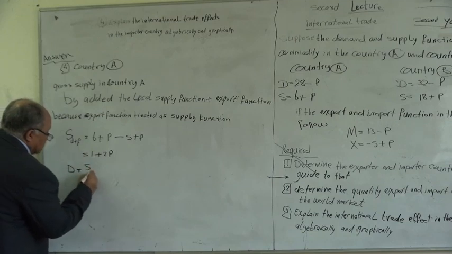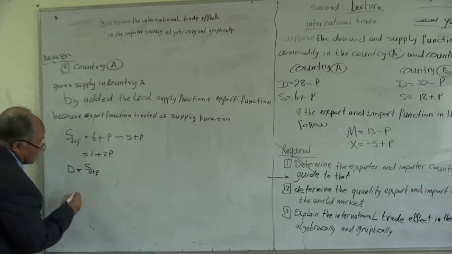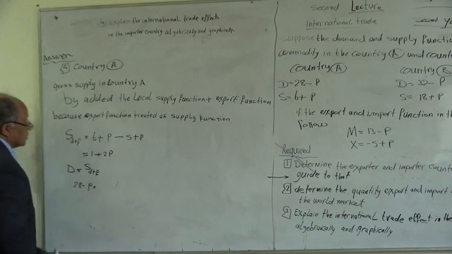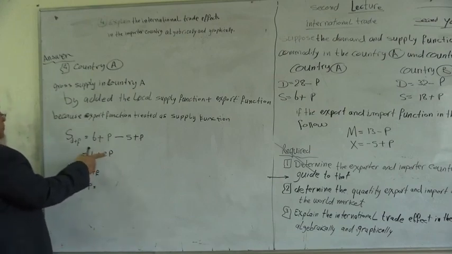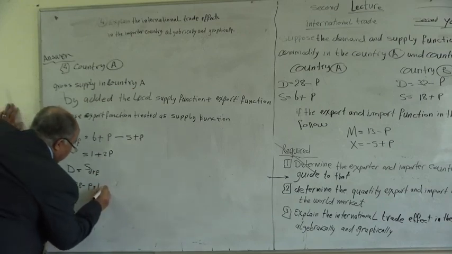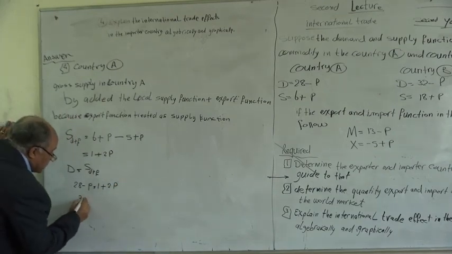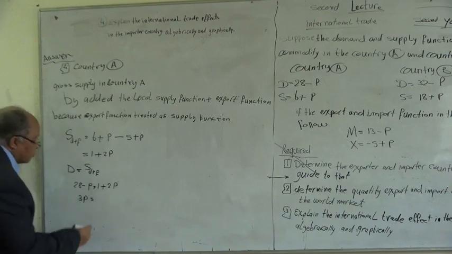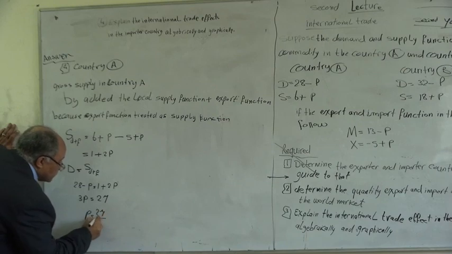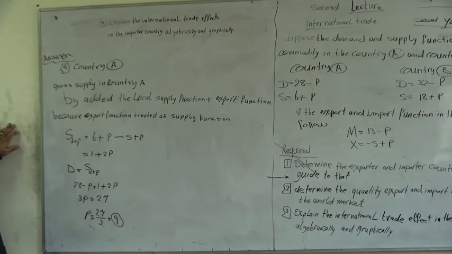D equals domestic and foreign: 28 plus P equals gross supply 1 plus 2P, then 3P equals 27, then P equals 9. This is the world price.